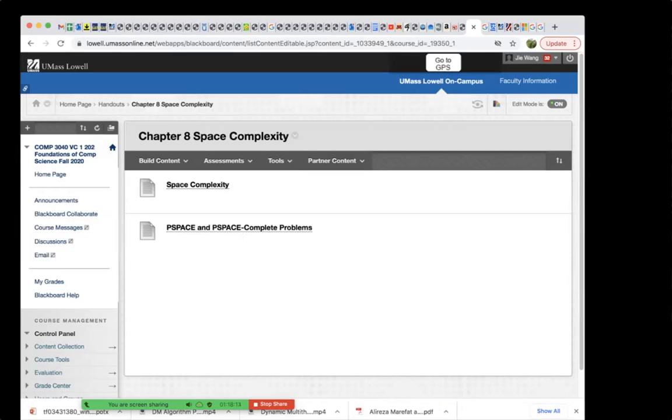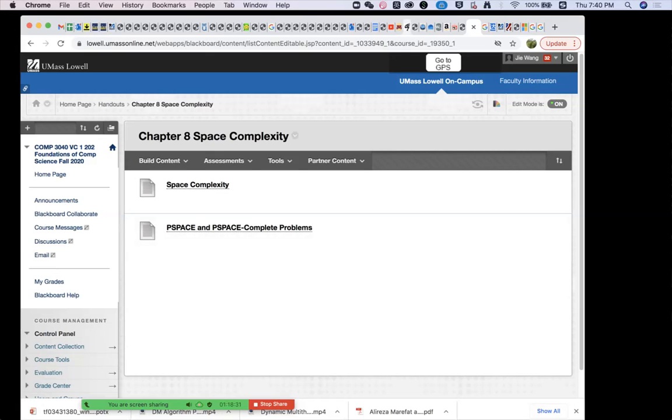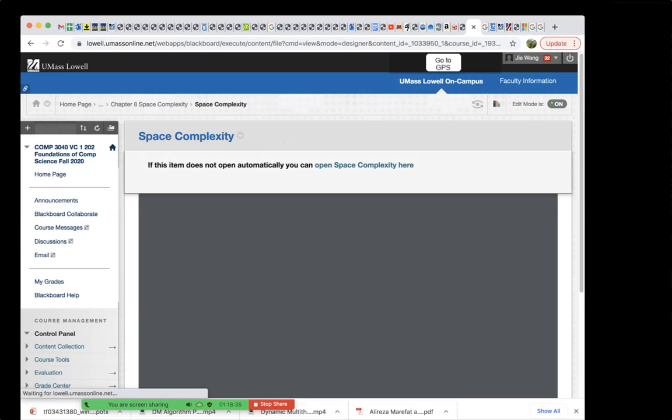After this week, we have one more week of lecture, so we should be able to go through these two sets of slides. Okay, so let's look at space complexity.